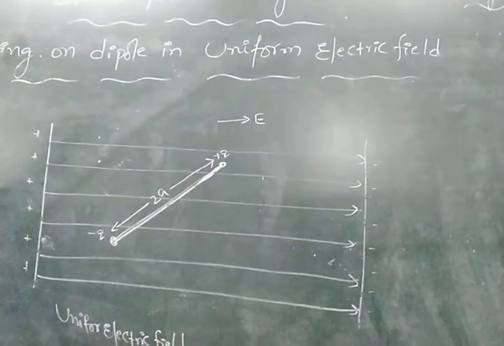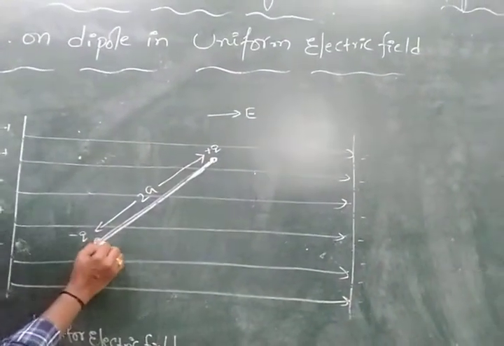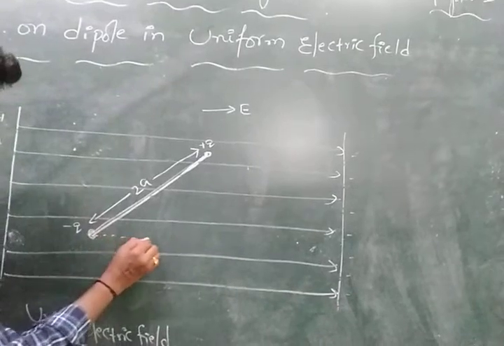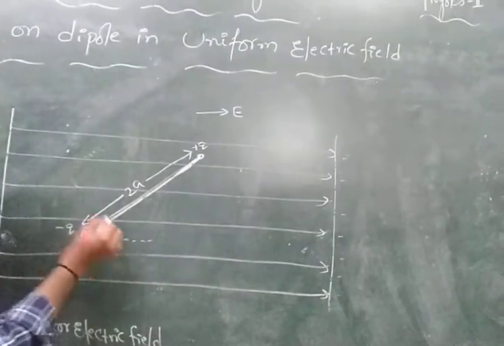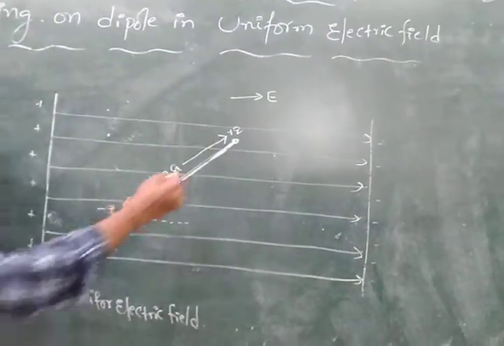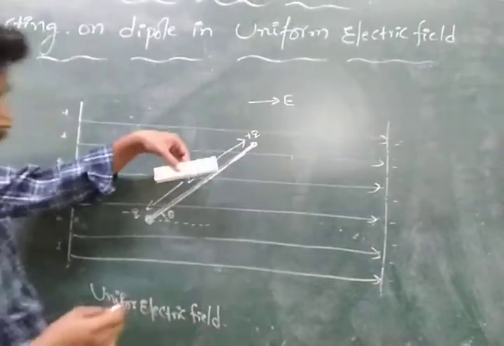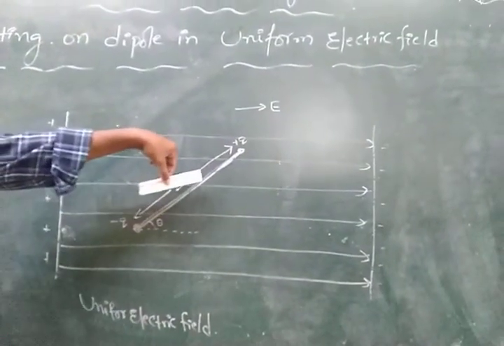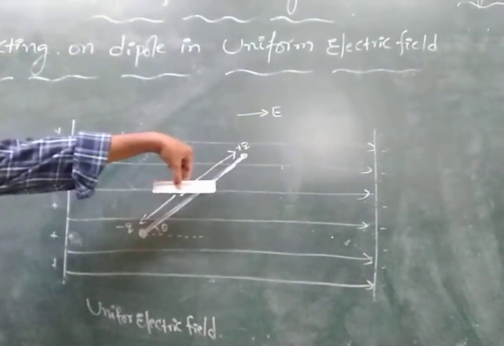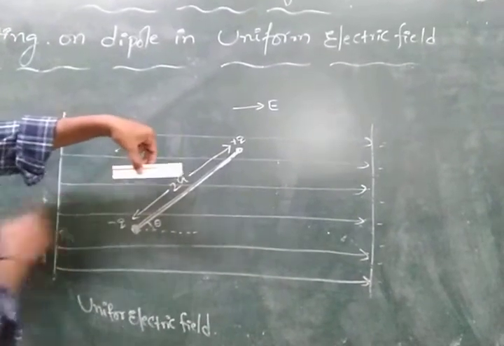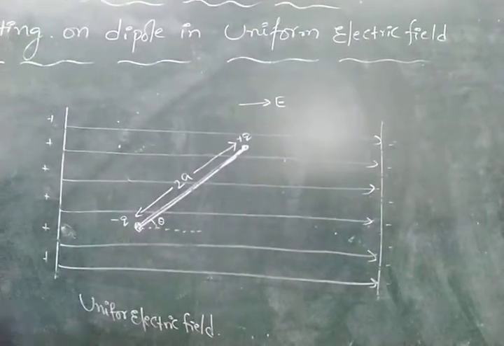Now this dipole is held making an angle theta with the direction of the field. Whenever it is kept in this uniform electric field, it experiences a torque, rotates, and comes along the direction of the field.